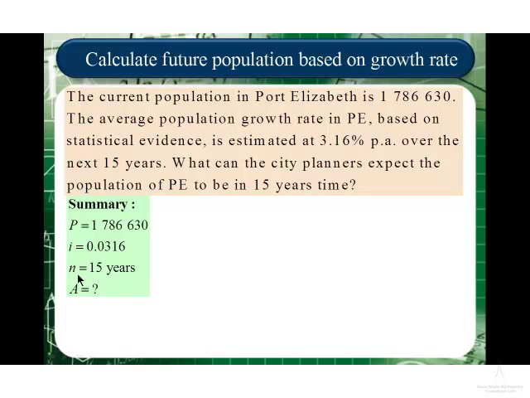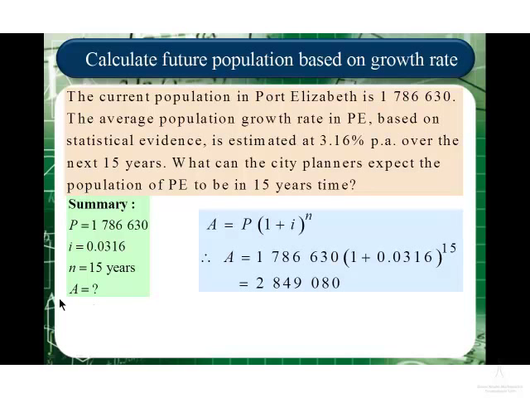That is the number of growth periods, and we're interested in the accrued, or total growth, over this particular period that can be expected. So we use the exponential growth formula as before, substituting the values for P, i and n as discussed.